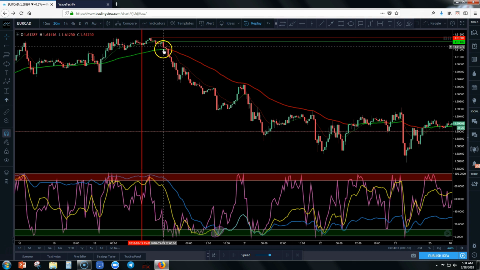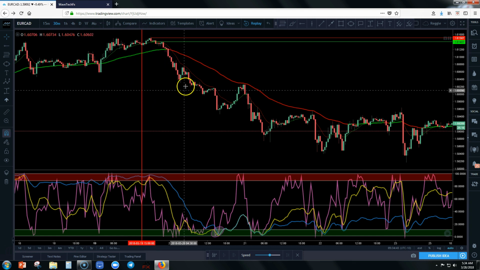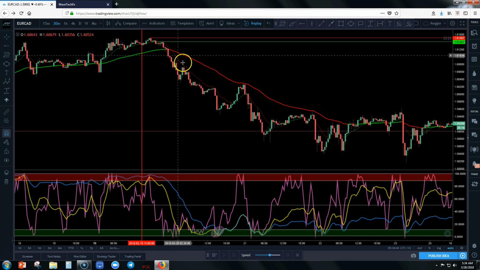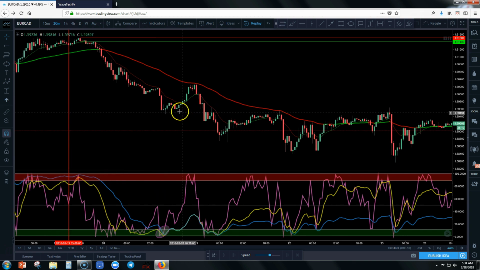Trade is going to come down. You would enter the trade here if you want to be conservative at this candle, being that it's closed below the small moving average. And then as it's playing out, what you can use is the smaller moving average. You can stay in the trade all the way until it flips green. That'll be one way.